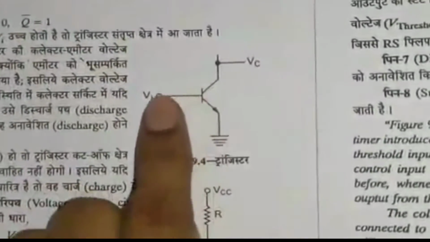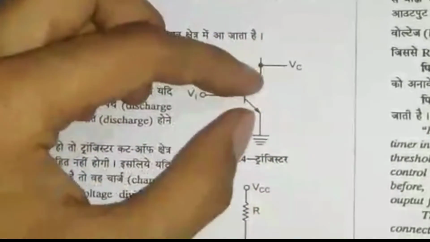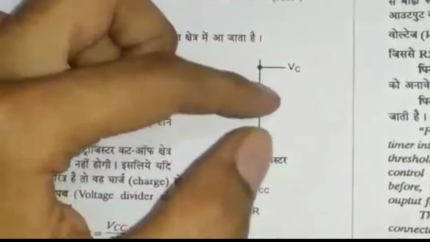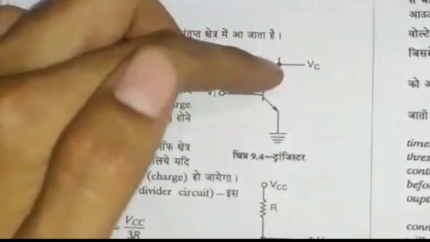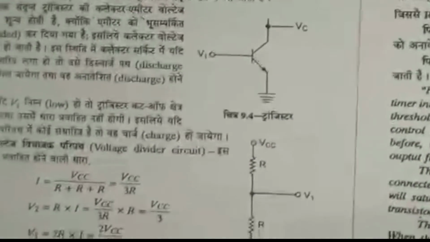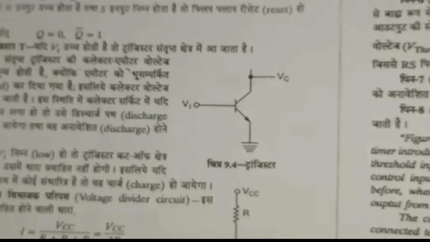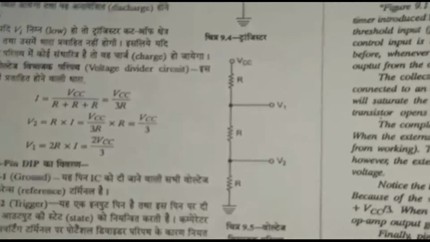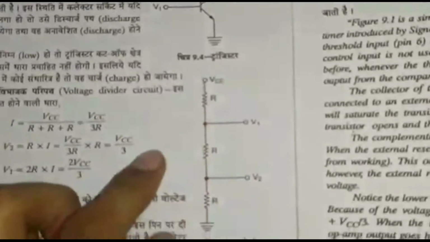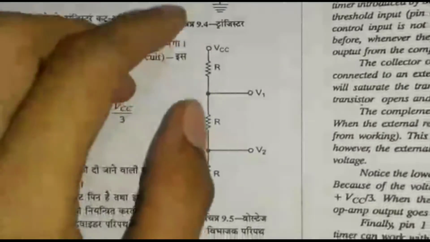And if there is 0 volt or low voltage, then what will happen? This will act as an open circuit, means there will be no contact between the collector and the emitter. For full detail you may check my previous video of the automatic motor, in which I have given the whole working of transistor and relay.